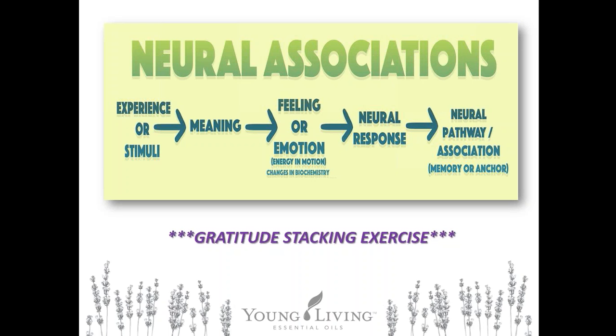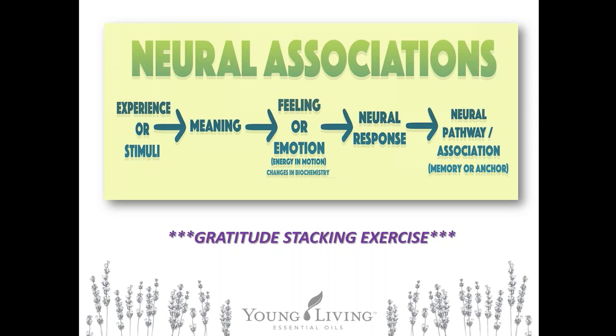There's heaps to it, and it's way too involved for us to get into tonight, but creating neural associations is a great way of bringing the information or the benefits of the oils into an internal space. External is how we perceive the world. Internal is actually creating something, an anchor within you, directly related to an experience.